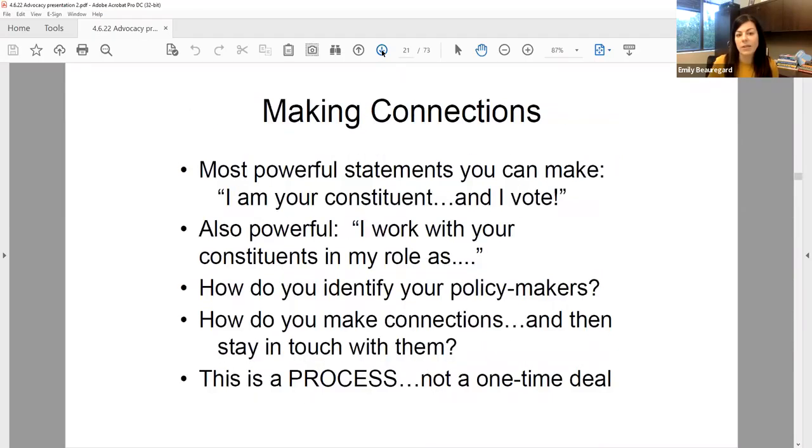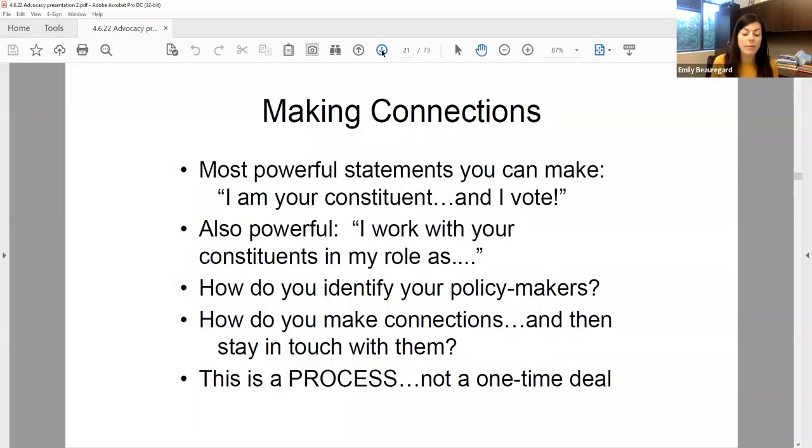And then making connections with your policymakers. To be really influential, you have to know your policymakers, whether those are the ones that are voted into office or the ones that are appointed in positions in the executive branch. So as a constituent, of course, you are powerful because of your vote.